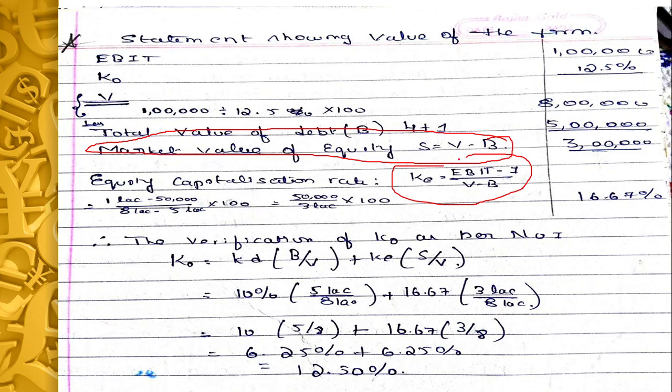You have the value of the firm which you calculated, 8 lakh, and you have the value of the debt. So you can directly write here S, right? Yes or no? Yes.